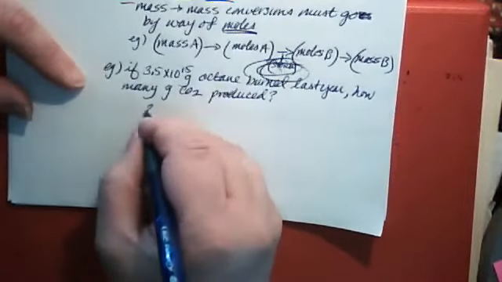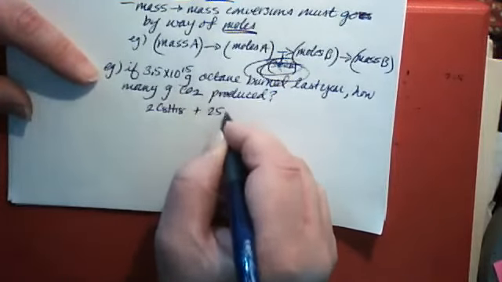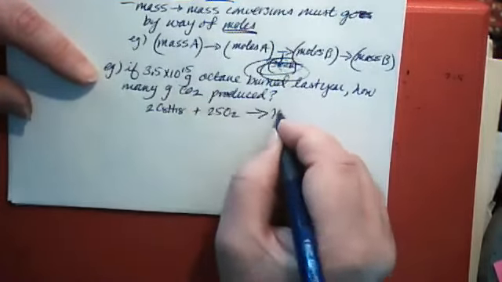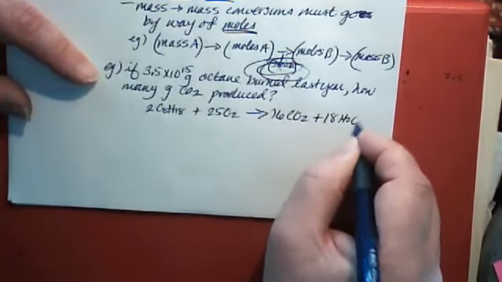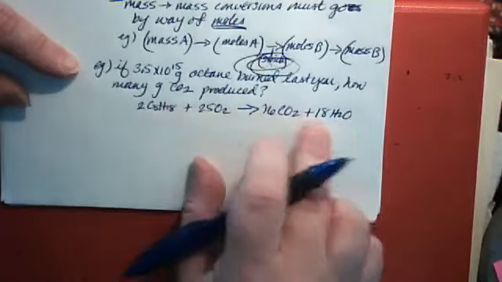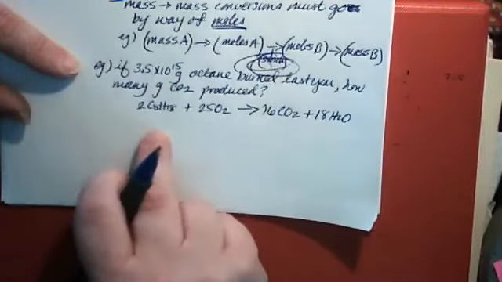Okay, so we've got our equation, and this is already balanced. So we know the ratio of moles of one thing to another. And we're given a specific mass of octane.